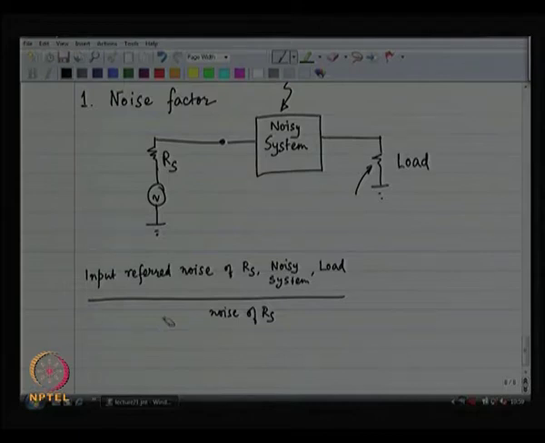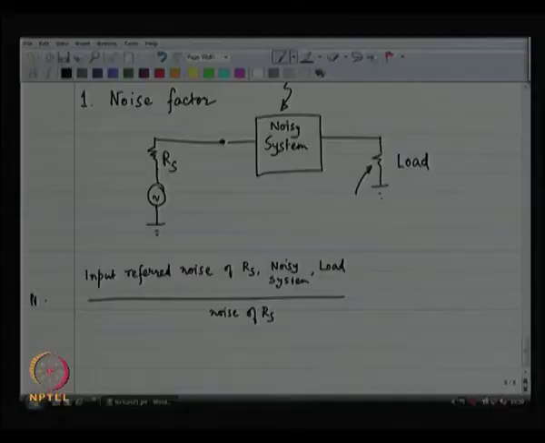Input referred noise of source is noise of the source. Okay. So, this is going to be my definition of noise factor.